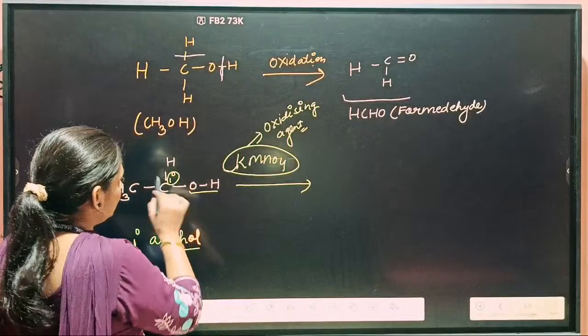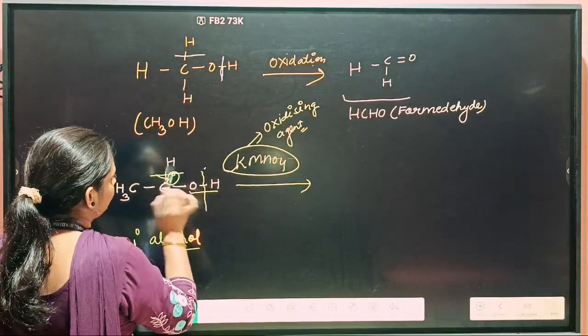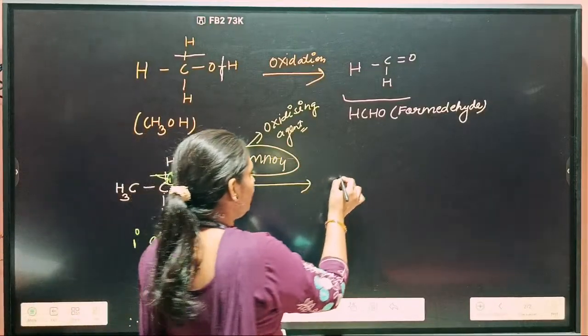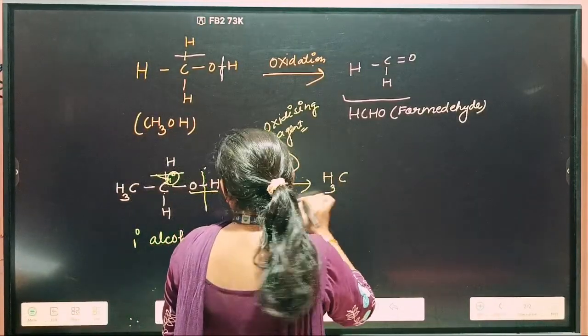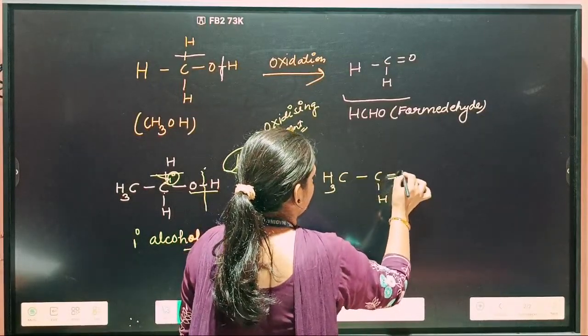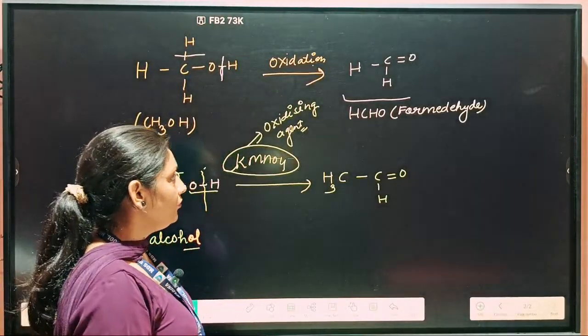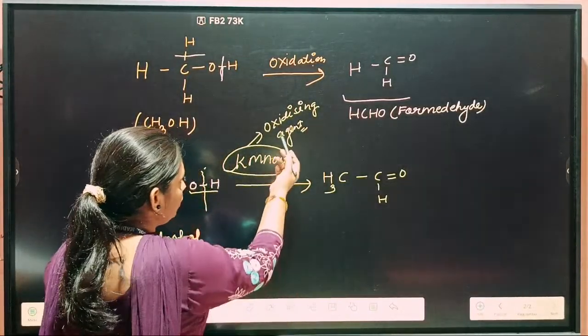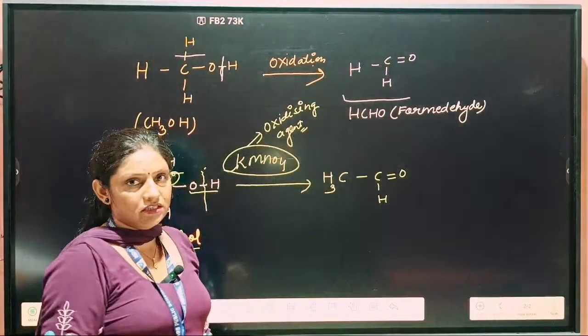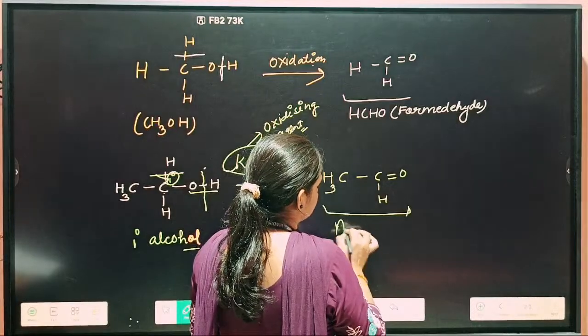First of all, it can remove one hydrogen from here and one from here. So finally, it can convert into the aldehyde. But students, because KMnO4 is a strong oxidizing agent, it can oxidize this aldehyde further.